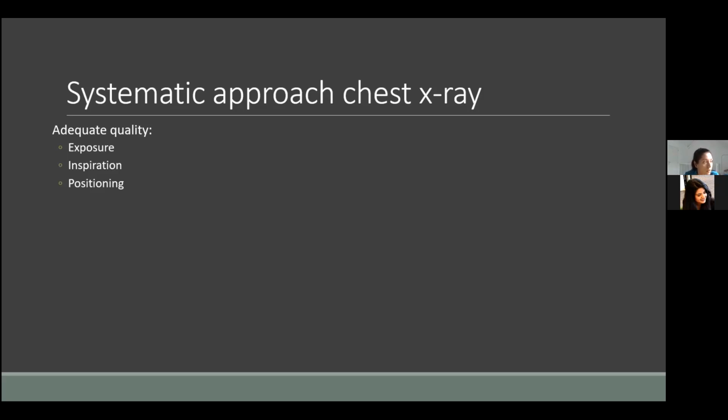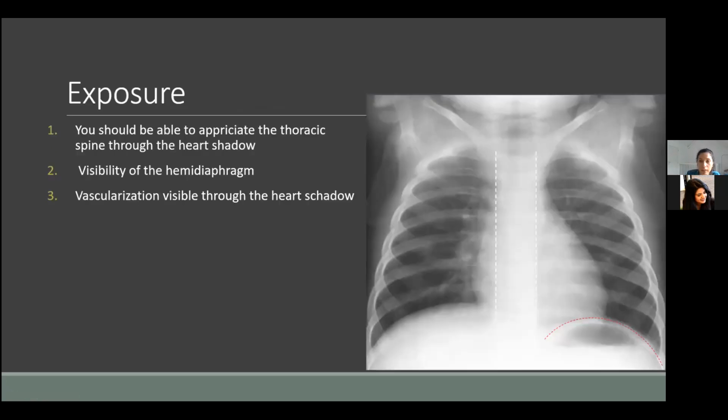For example, if you have an inadequate quality of the picture, it can be really misleading for recognizing some pathology, as I will get into later. So we will look at exposure, inspiration, and positioning. So exposure actually means the degree to which X-rays pass through the body.